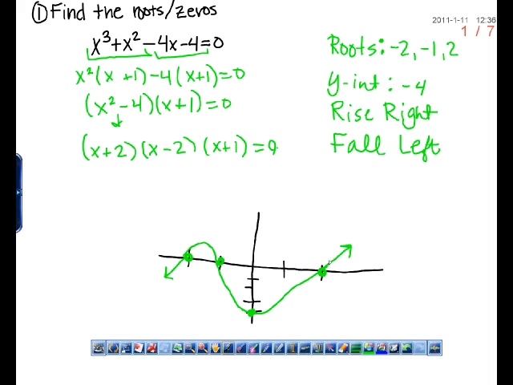Plot our roots, we plot our y-intercept, make our end behavior work. What's the domain of this function? Yeah, negative infinity to infinity.